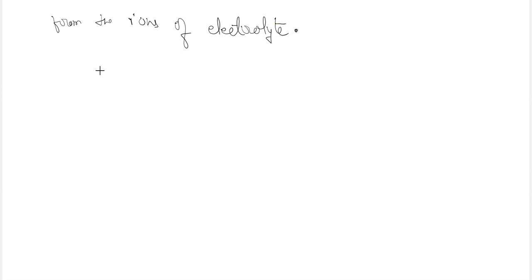According to this we can make an expression for Kohlrausch law: the molar conductivity at infinite dilution is equal to the number of positive ions multiplied by the molar conductivity contribution of the positive ions, plus the number of negative ions multiplied by the molar conductivity of the negative ions.